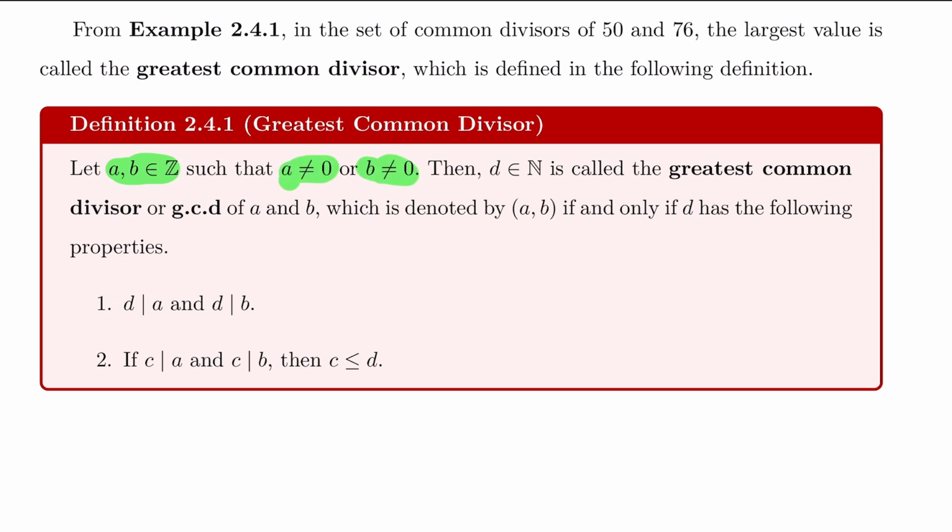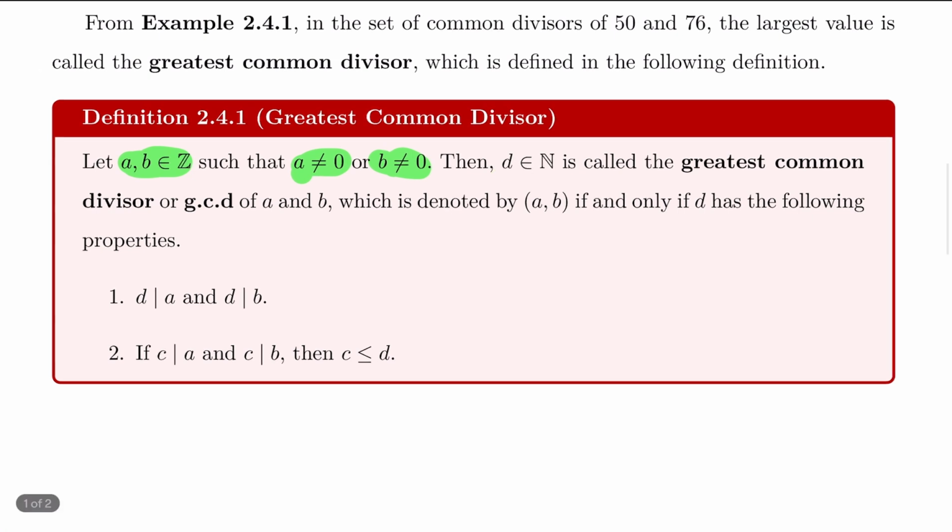Then d, which is a positive integer, is called the greatest common divisor, with abbreviation GCD of a and b. The GCD of a and b is denoted by (a, b) like this. It looks like an ordered pair, but this is the greatest common divisor of a and b.